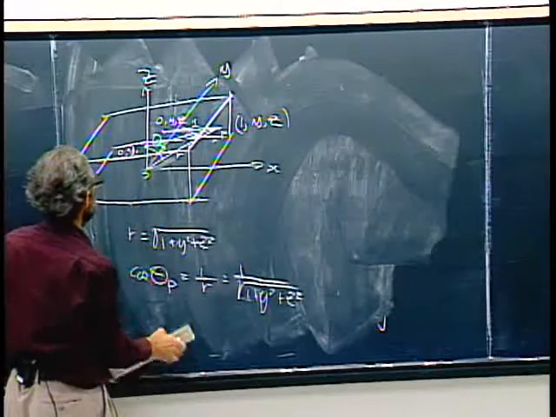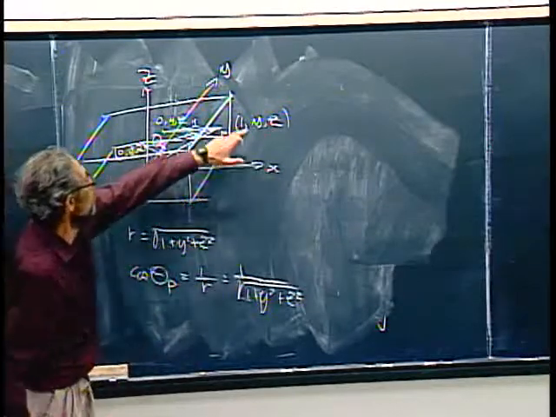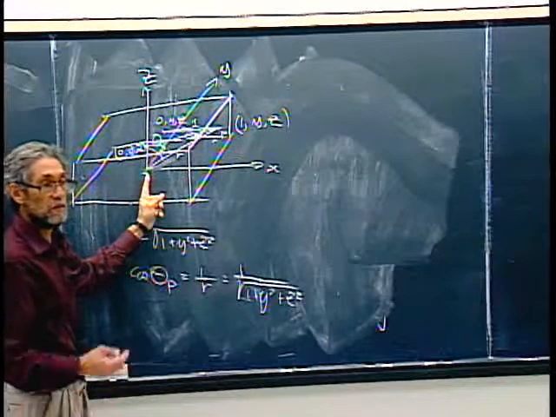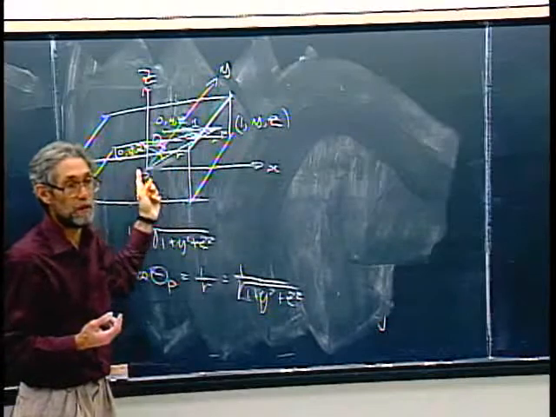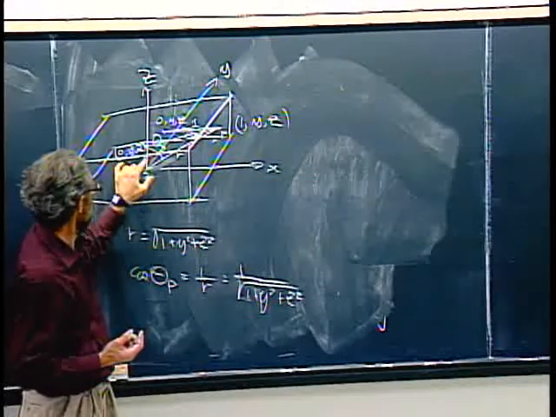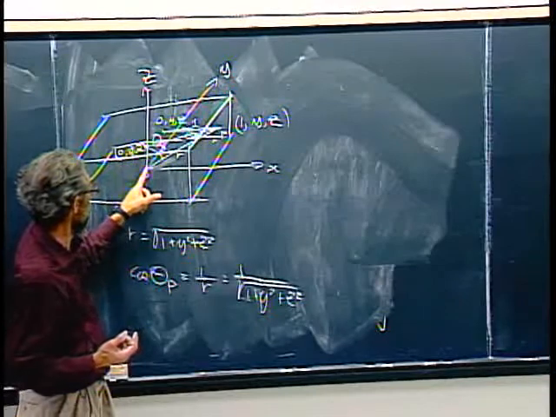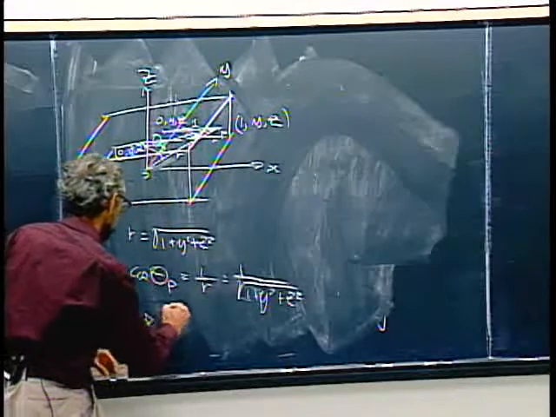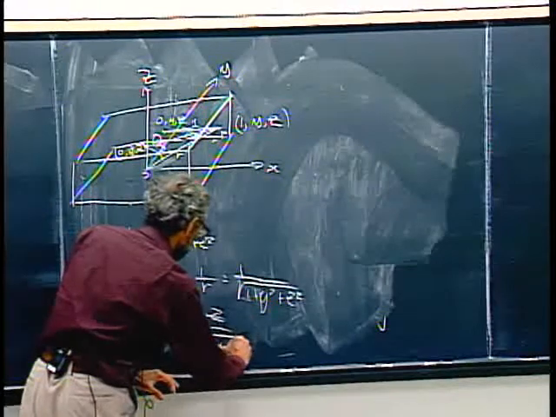Y is 0. Z is the same as it was. Is this the projection of this vector on the z-axis? Because the z-axis is 0, 0, 1, and you dot that with this and you get the z component, and then you multiply it by the vector 0, 0, 1. So that means that this dot product is the length of this divided by r. Right? So cosine theta at the point S is z over the square root of 1 plus y squared plus z squared.